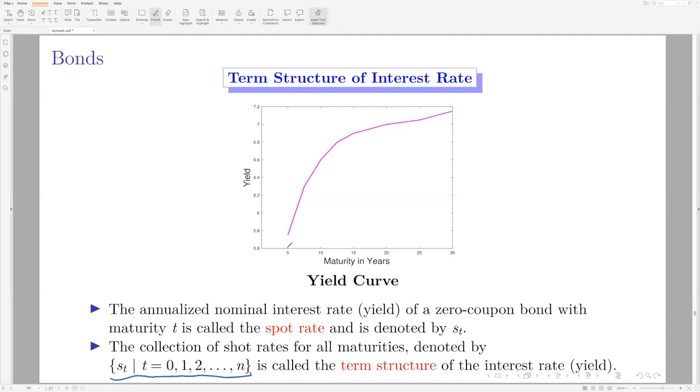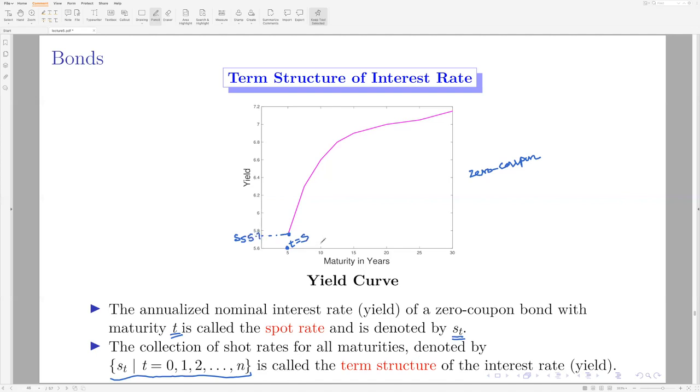Say, for instance, assume that this is a zero coupon bond. That is, I've plotted the maturity versus yield of a zero coupon bond. Then at T equal to 5, the spot rate is S_5, because for a given T, we denote the corresponding spot interest rate by S_T. Therefore, S_5 is around 5.7.